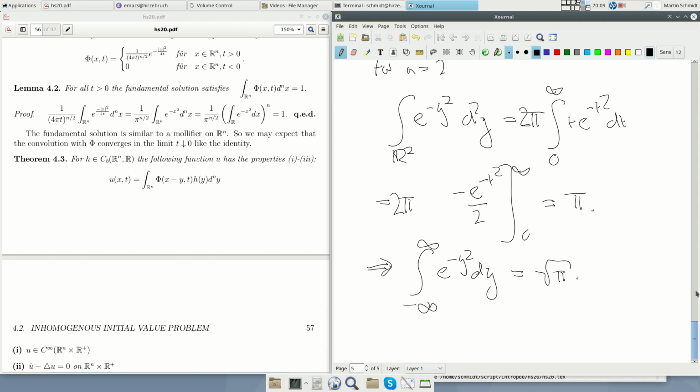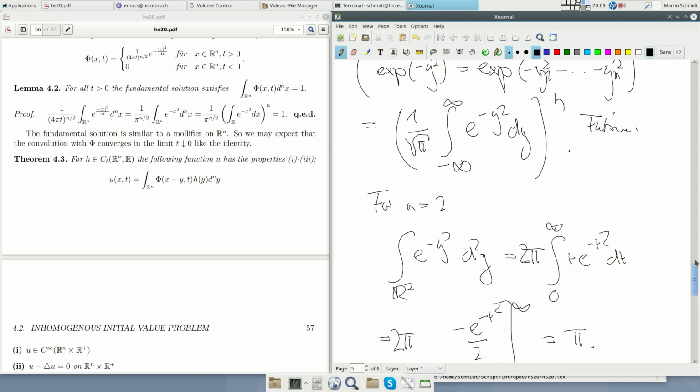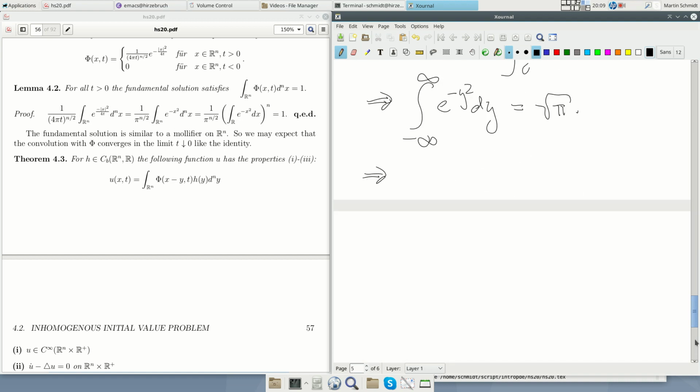And so this indeed gives the statement: 1 over square root of pi times the integral of e to the minus y squared dy, to the power of n, is just equal to 1.